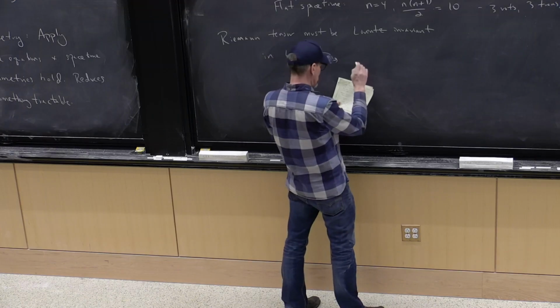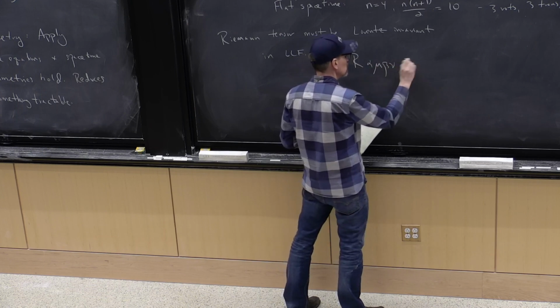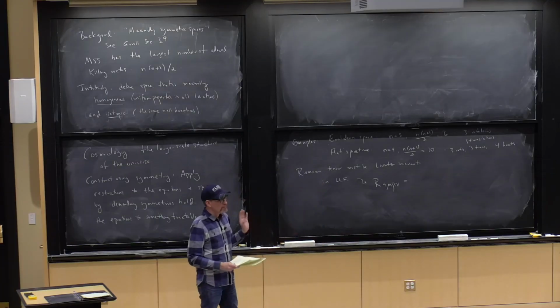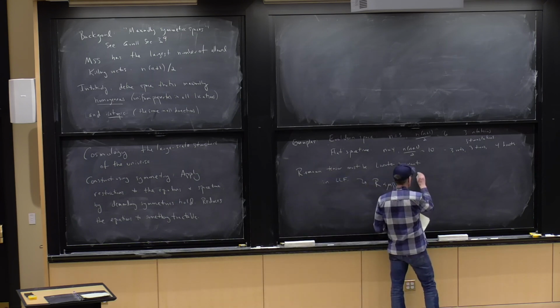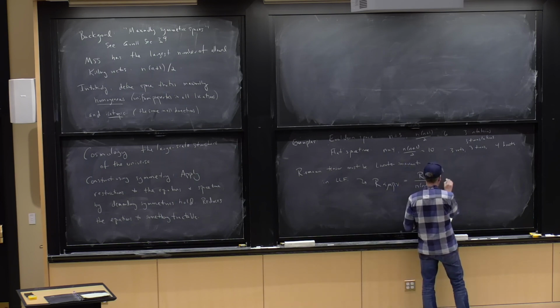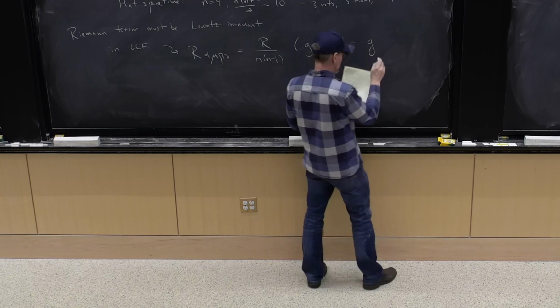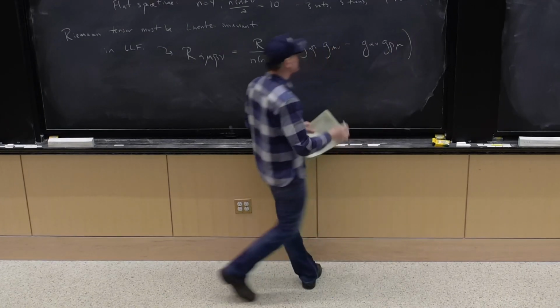This leads to a condition that my Riemann tensor is constrained to take one particular simple form. It must be R over n times n minus 1 times metric times metric, like so.